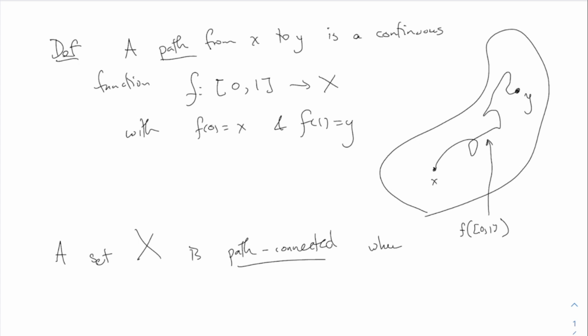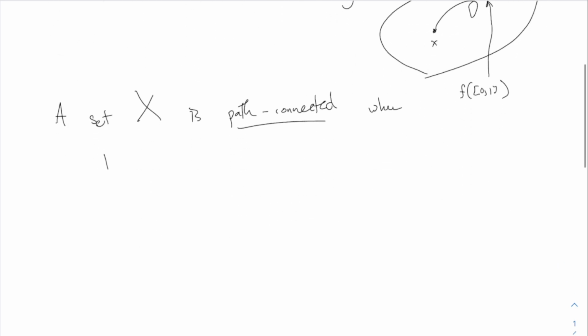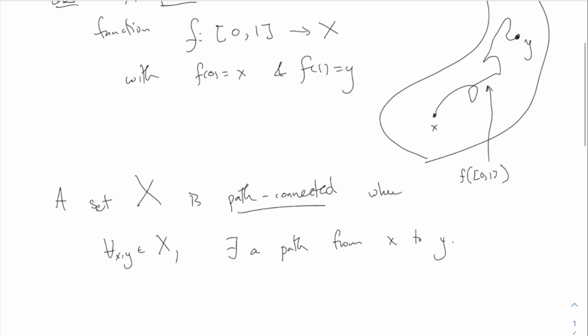Yeah, for any two points in there, there's a path from the one to the other. So a set is path connected when, for all x and y in X, there exists a path from X to Y. That's what it means to be path connected. For all points X and Y in the space, there exists a path from X to Y. All right.